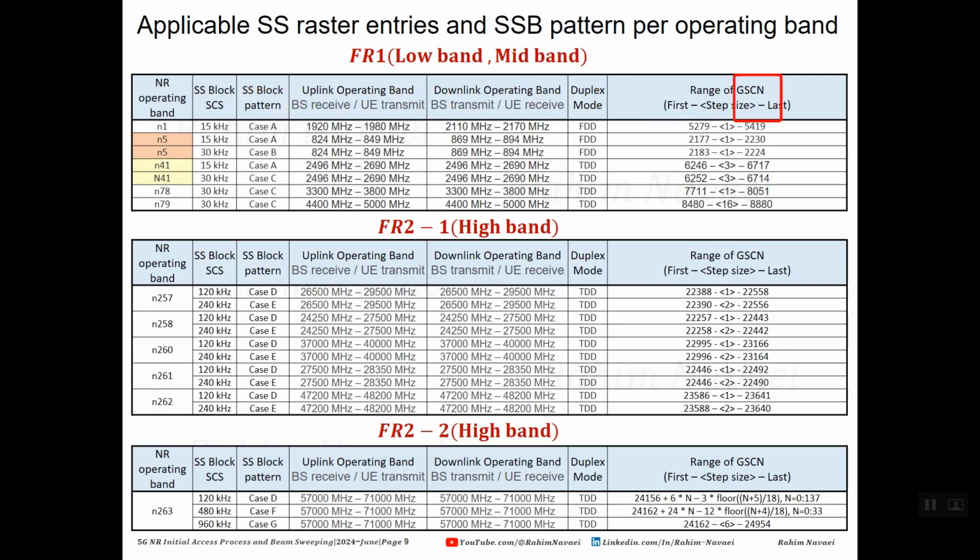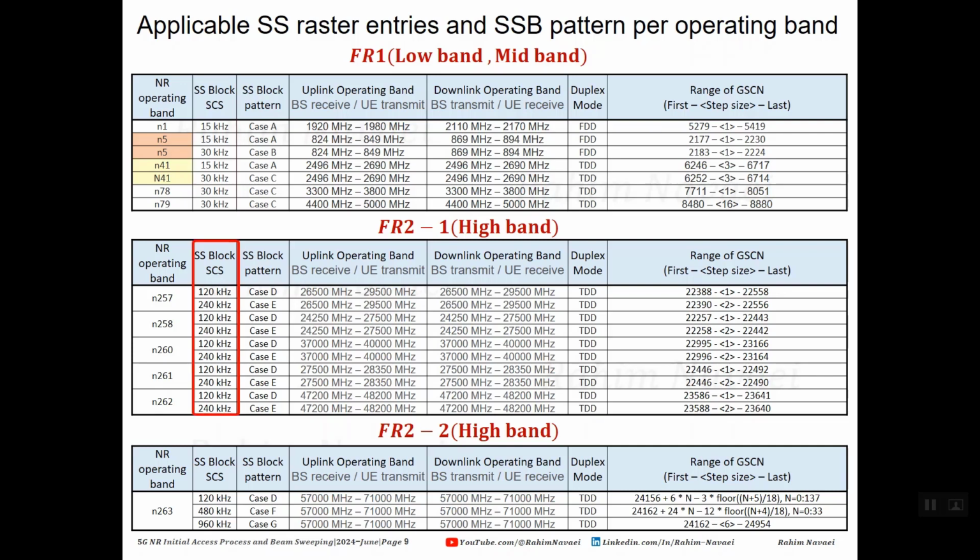synchronization signal raster. In case of subcarrier spacing, 3GPP has specified a set of 6 subcarrier spacings: 15, 30, 60, 120, 480, and 960 kHz. The SCS values of 15 kHz and 30 kHz are applicable in frequency range 1, FR1.